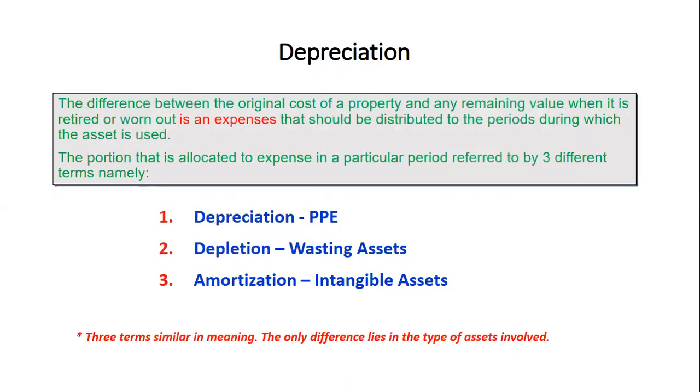The difference between the original cost and the current market value will be your depreciation in reality. But companies use different depreciation methods. Depreciation is an expense and it's a contra asset account sa property, plant, and equipment.